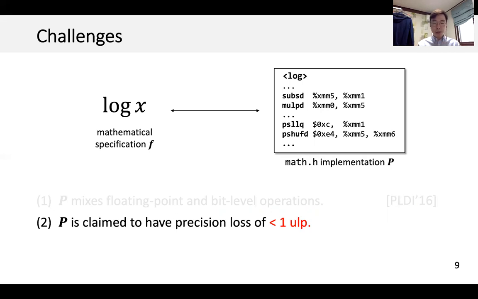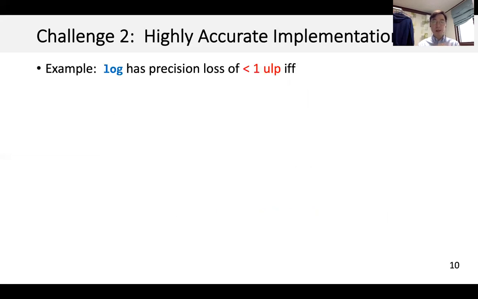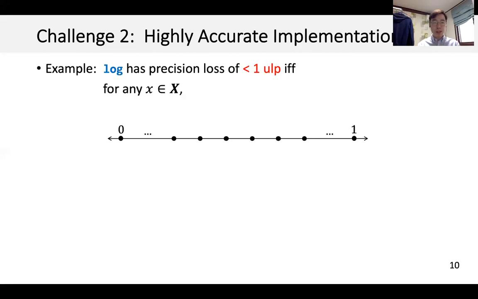To explain what the 1 ulp error bound means, let's assume that the log implementation has that much precision loss. Then it means that for any input x, the floating point output of the implementation must be one of the two closest floating point numbers to the mathematically exact result.